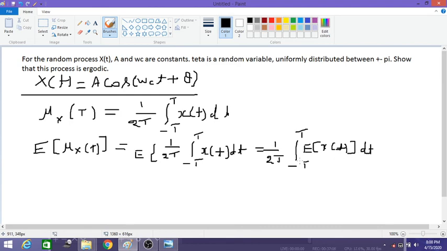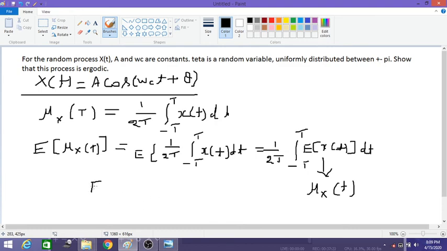So the ensemble of this x of t is nothing but mu x of t. So if we integrate, it means it's a wide-sense stationary process.